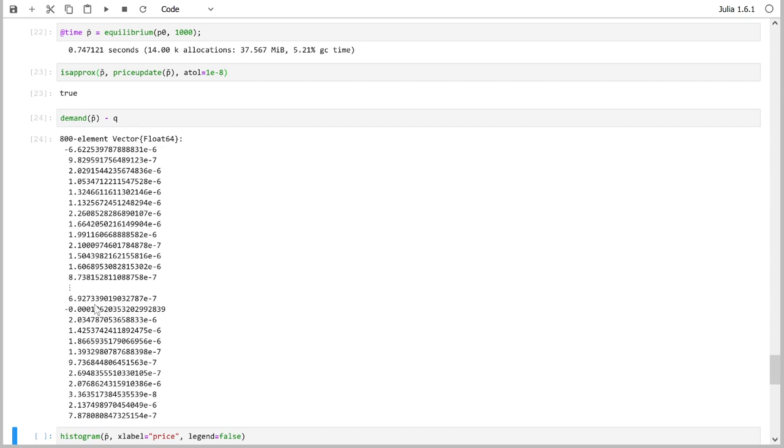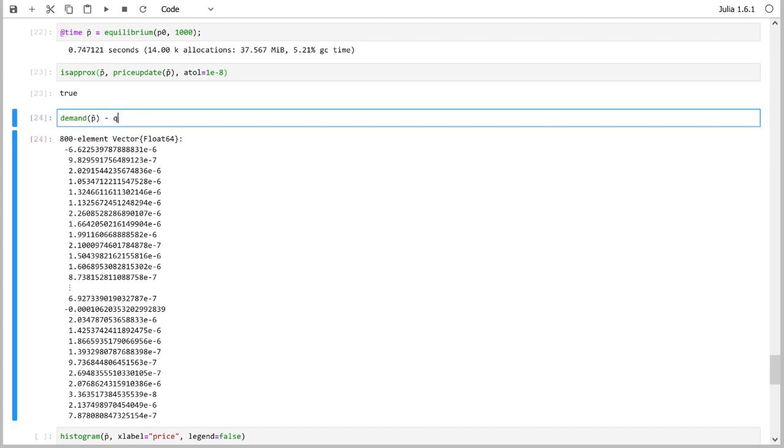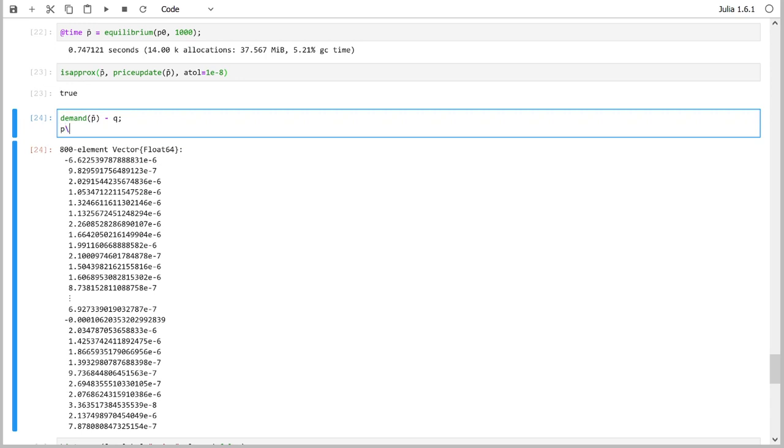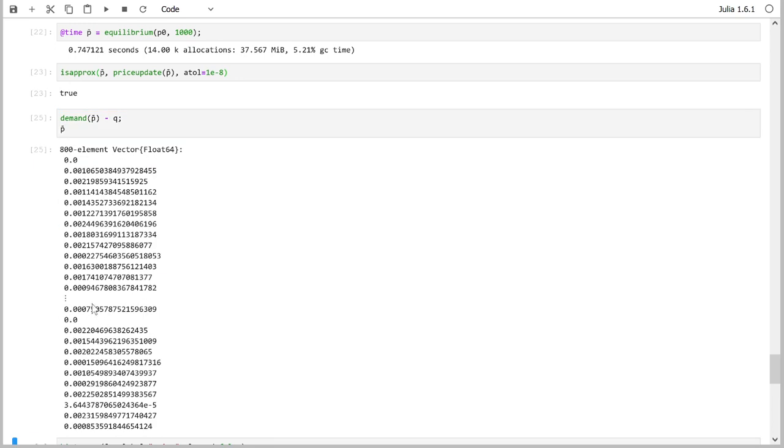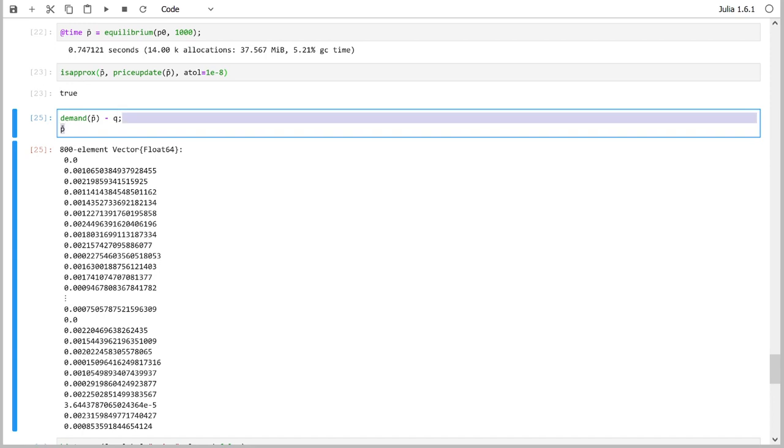And so here, this would mean that we had a little bit of excess supply. So we will assume that p bar is going to be 0 on that resource. And in fact, we can double check that by replacing this with p bar. And so we are expecting to see a 0 right here. Let's see what happens. Yeah, and we got the 0. So we know that we did this calculation correctly. Good for us.